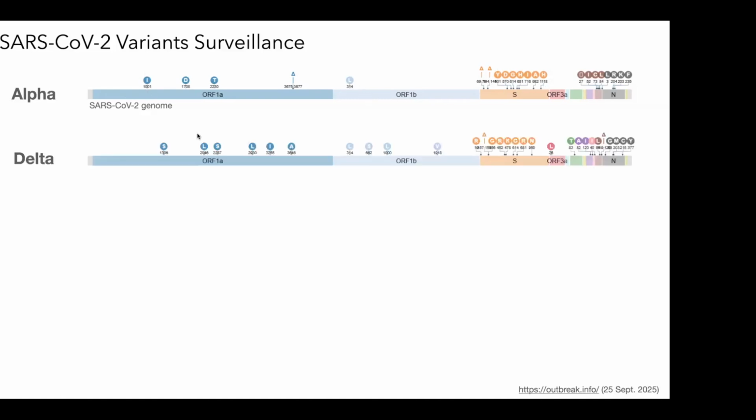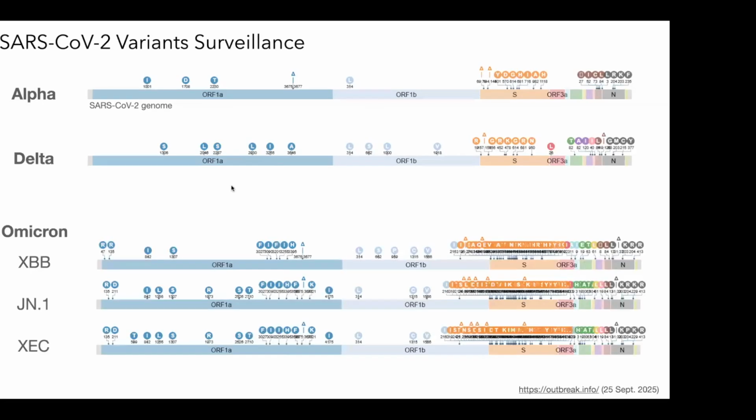And when we look at Delta, for example, you can see now how it's easy to distinguish a variant between Alpha and Delta because they don't have the same lot of mutations. With Omicron, it's getting a little bit harder because as you can see, there's more and more mutations. And so it's possible that one mutation can be shared between different variants. So it's getting more and more tricky to be able to identify and recognize the different variants.